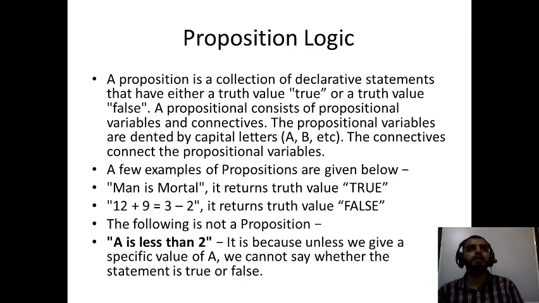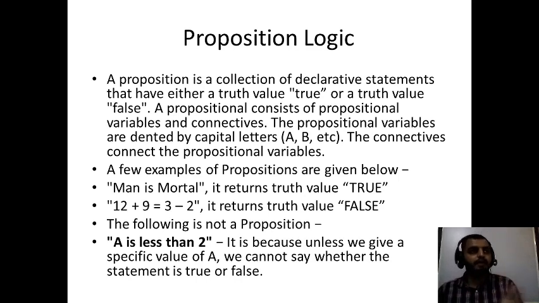Tell me whether this is true or false. You cannot say until you know the accurate value of A. Let me consider the value of A is 10. Is this statement true? False. The statement is false. Now considering another value of A, as 0. Now here the value is true.